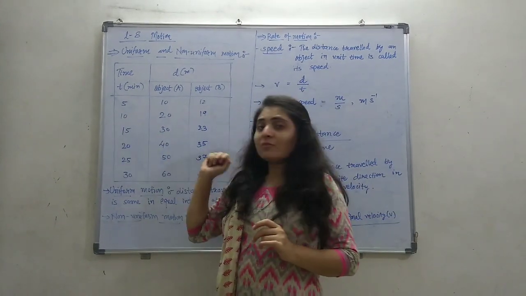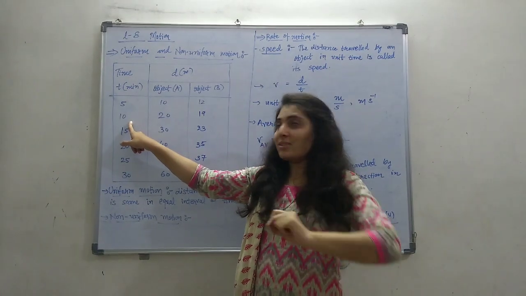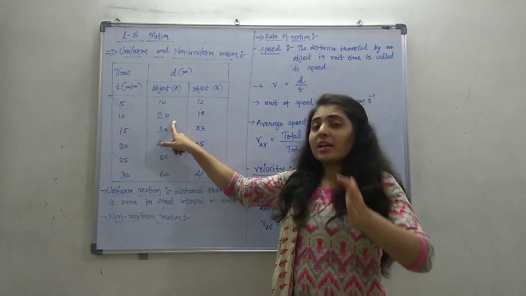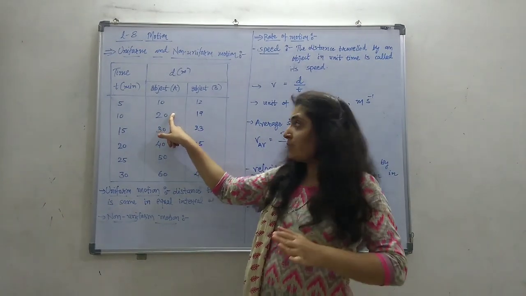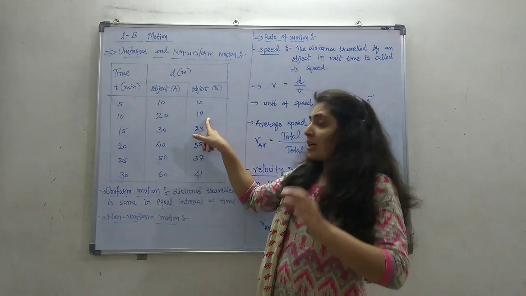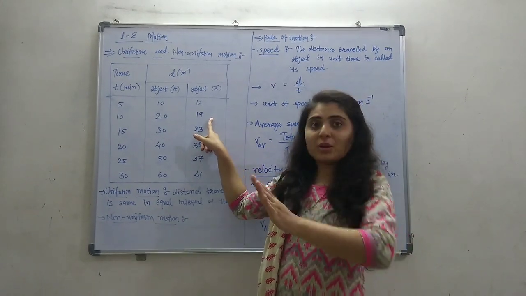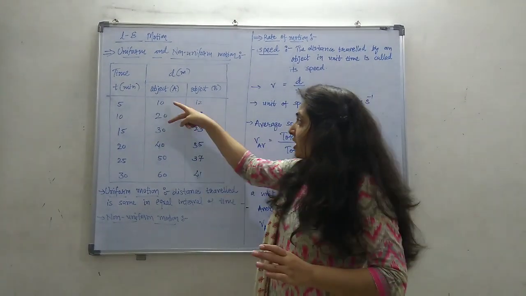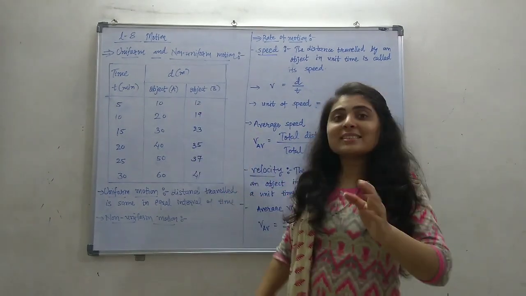Now, after another 5 minutes, at time t equal to 10 minutes, object A has traveled 20 meter distance. That means there is an increase of 10 meter, and object B has traveled 19 meter. It means an increase of 7 meter. So in this next 5 minutes, object A has traveled 10 meter distance and object B has traveled 7 meter distance.